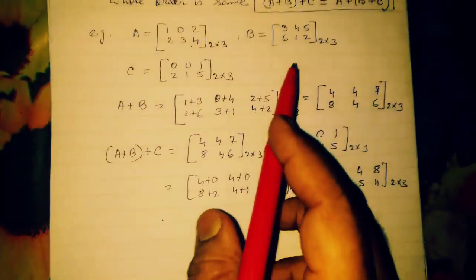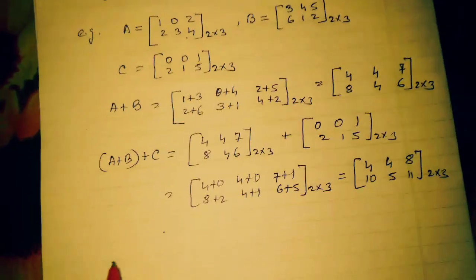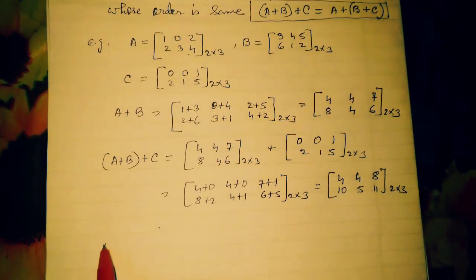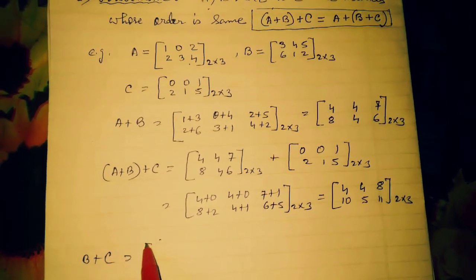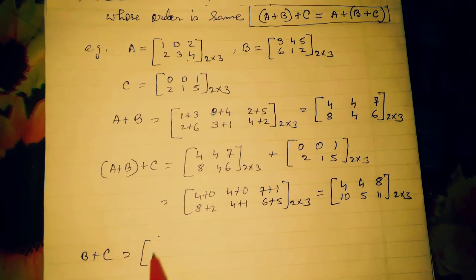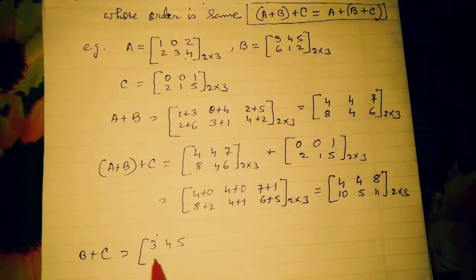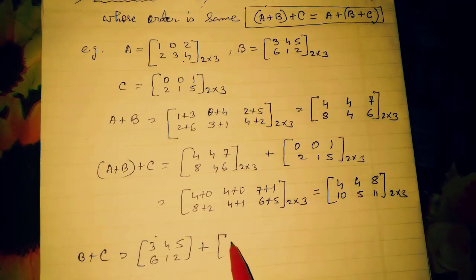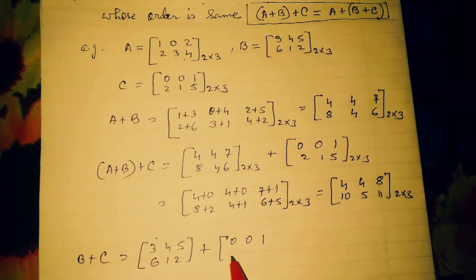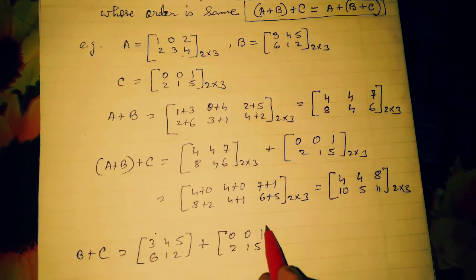Similarly, now we add B plus C first. B is 3, 4, 5, 6, 1, 2, and we add C, which is 0, 0, 1, 2, 1 and 5.